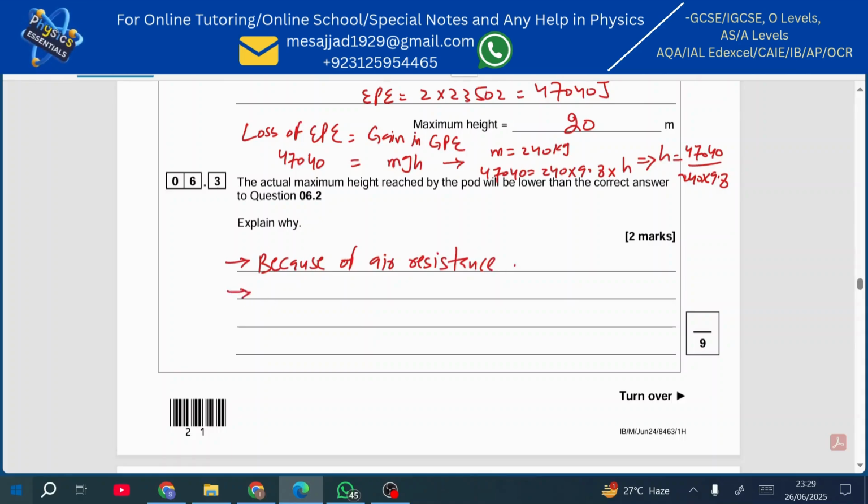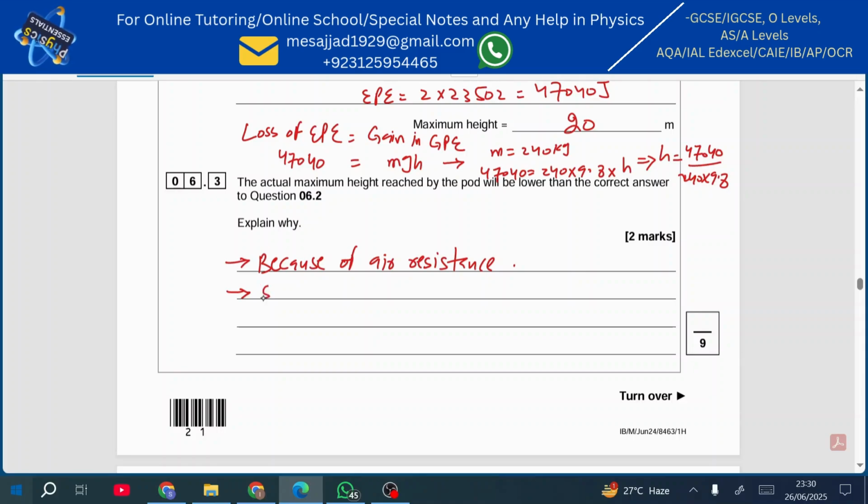Secondly, it is not possible that all of the elastic potential energy stored in the rope is completely converted into gravitational potential energy. There will be some elastic potential energy left in the rope. So because of that, not all of it will be converted into GPE.